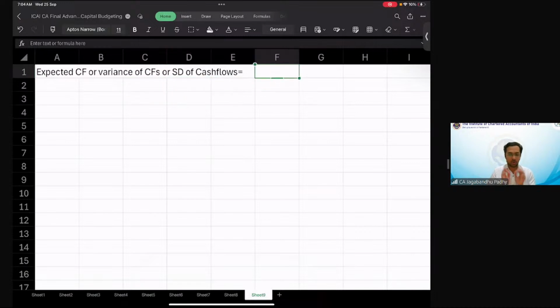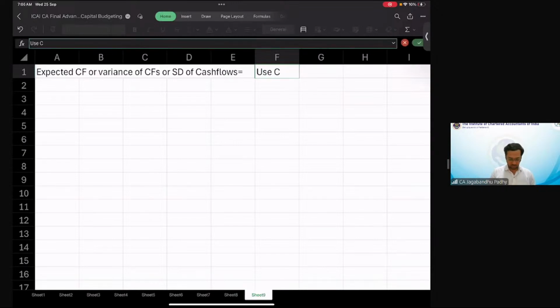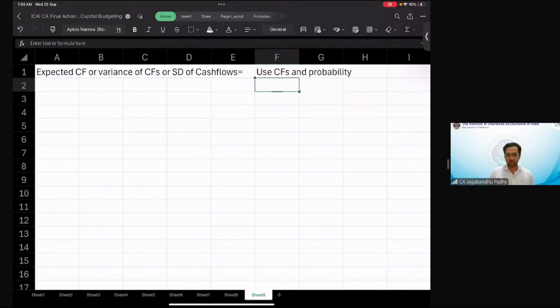So here, when we want the variance or expected value or the standard deviation, we are always going to use the cash flows and the probability. Okay, so use cash flows and probability. Remember, whenever we want to calculate expected cash flow, variance of cash flows, and standard deviation of cash flows, we are going to use cash flows and the respective probabilities to compute it.